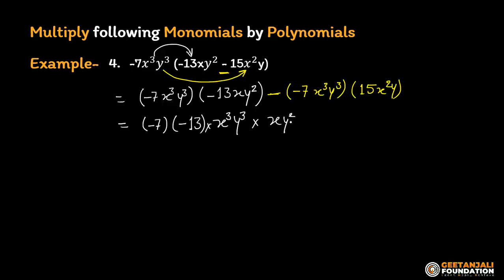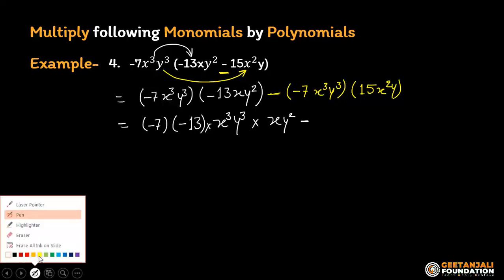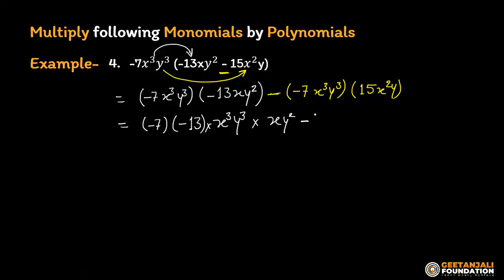So we have written this. Now this term, so I have written a negative sign. I'll take this minus 7 as it is, and this 15. So we have separated constants. Now it's the turn of our variables. So x cubed y cubed times x square y. We have got this x square y from here.